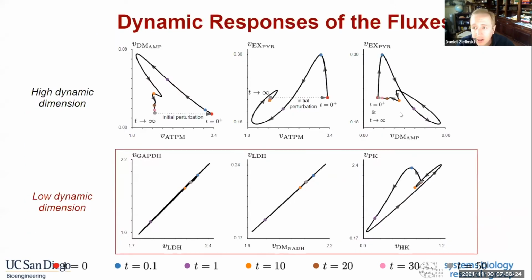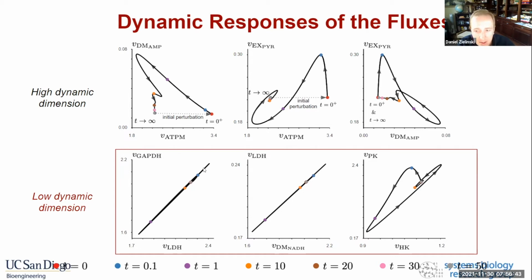A lot of this is the same kind of material, but just to reiterate, if you have this kind of low dynamic dimension, that can mean this kind of straight line showing up. That can mean that these variables are related and have formed a dynamic pool.